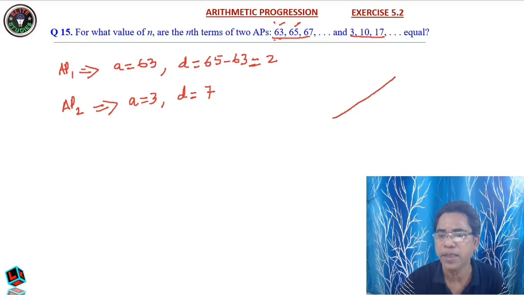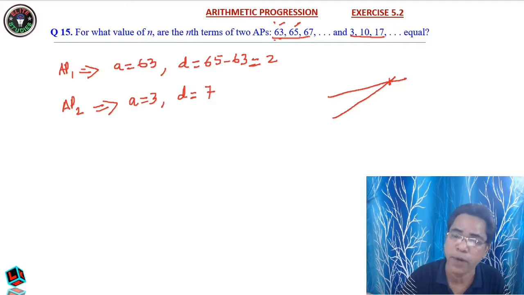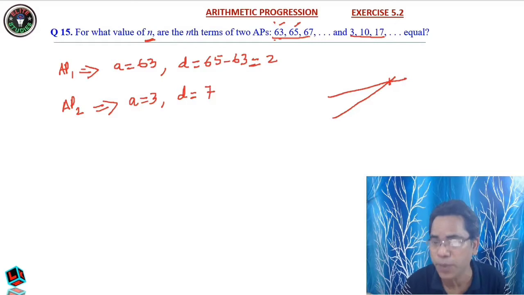Whereas AP2, 3, 10, 17, is also increasing. So a point will be there when these two APs will be the same. We have to find that value of N for which the values of the two APs will be equal.